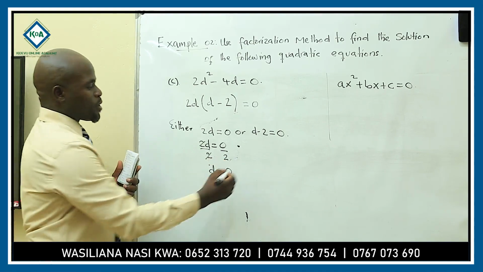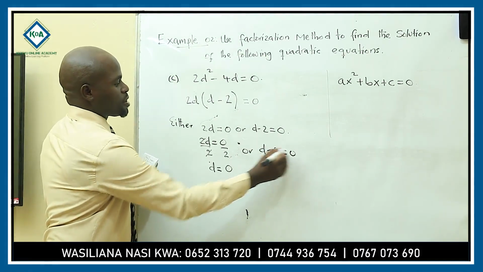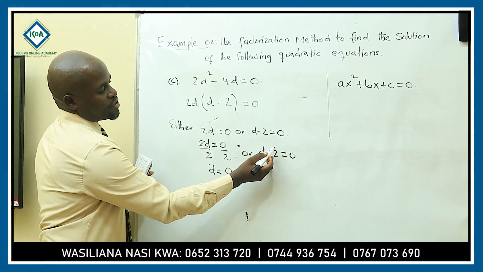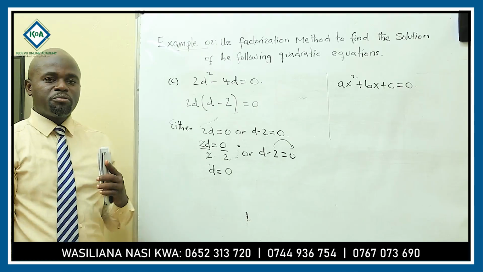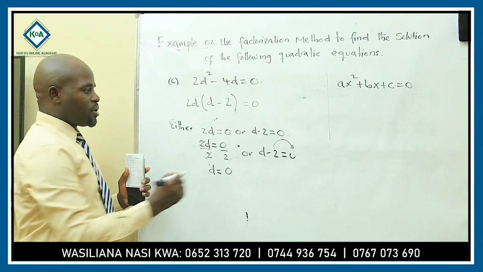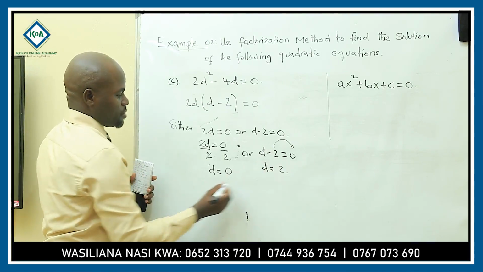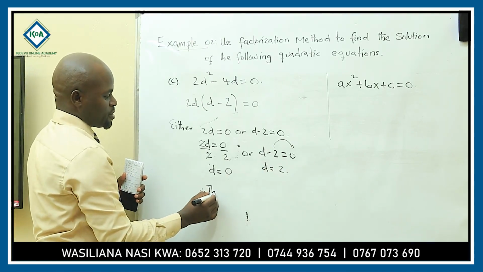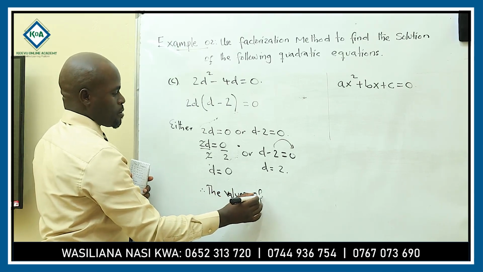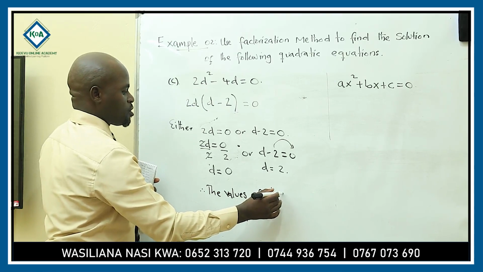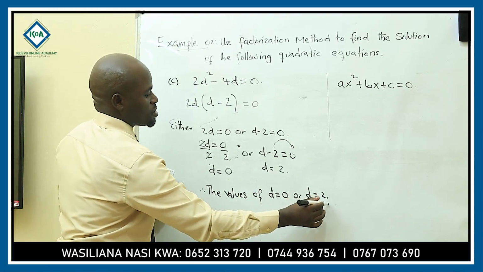The answer is 0. Or d minus 2 is equal to 0. Then we shift this negative 2 to the other side, but this is minus. When it goes there, it will be positive. So d is equal to positive 2. So therefore, the values of d are 0 or positive 2.